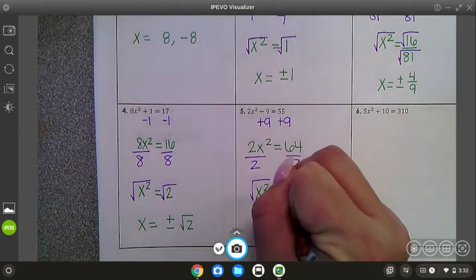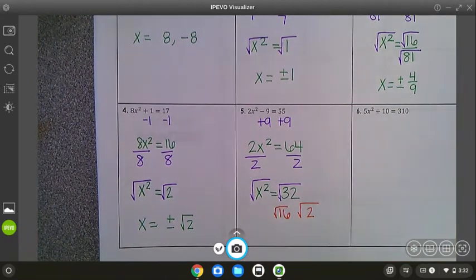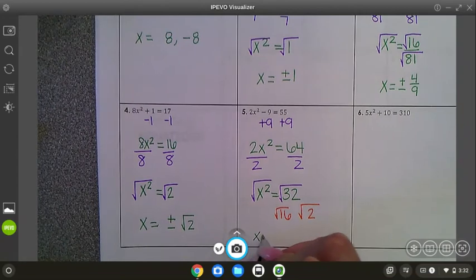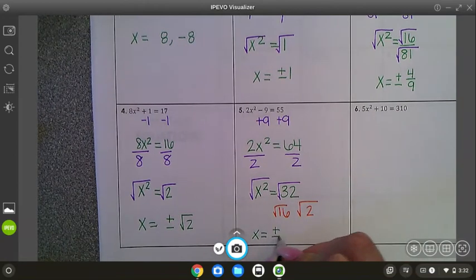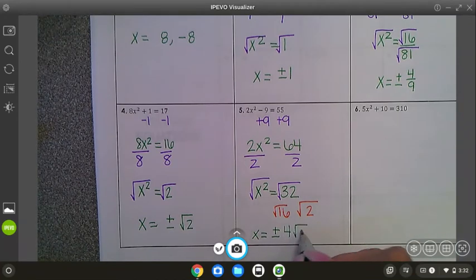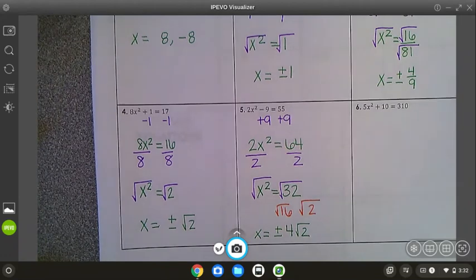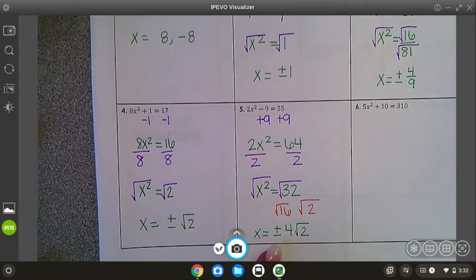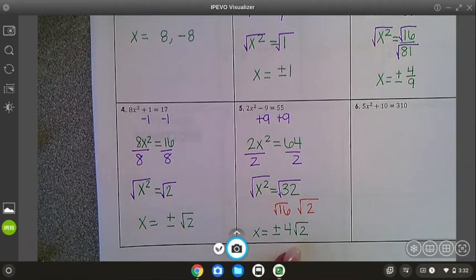It's 16. 16 and 2. So plus or minus, the square root of 16 is 4, and then I'm left with square root of 2. So x equals plus or minus 4 square root of 2.